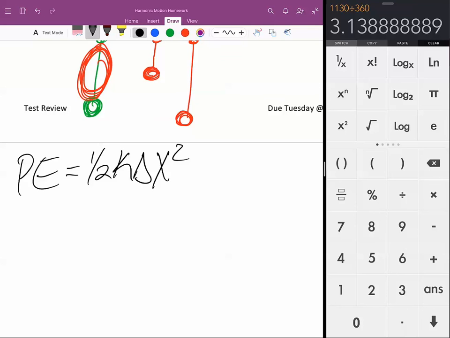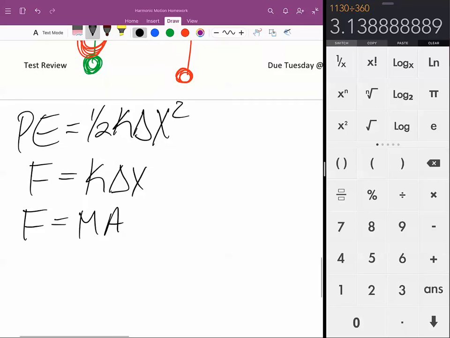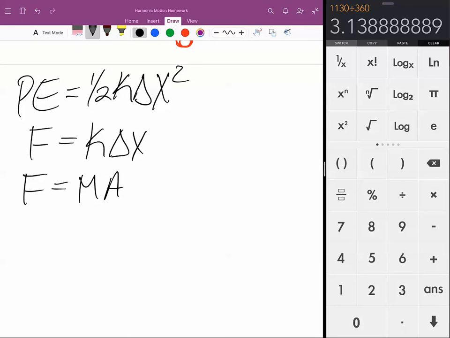And bear in mind, if you have a force, forces can come in many forms. One case could be weight, which is a product of your mass and your gravity. Gravity has always been given to you guys as 9.81 meters per second squared. And that's it.